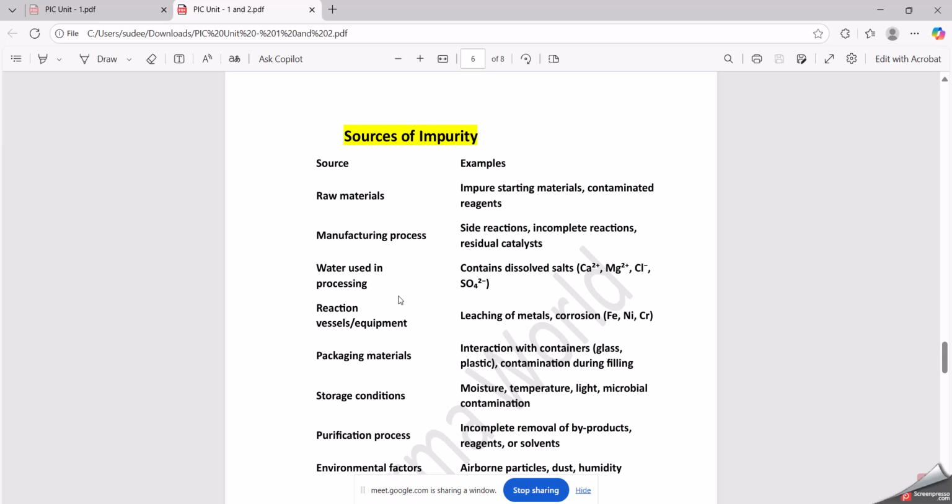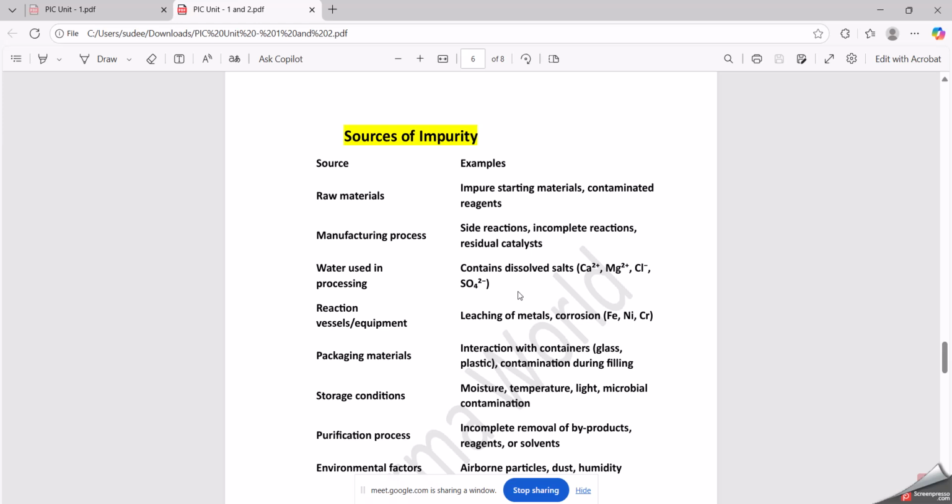Water used in processing contains dissolved salts like calcium, magnesium chloride, or sulfite. In reactions or vessels and equipment, there is leaching of metals and corrosion, like iron, nickel, chromium. Packaging materials involve interaction with containers like glass and plastic.